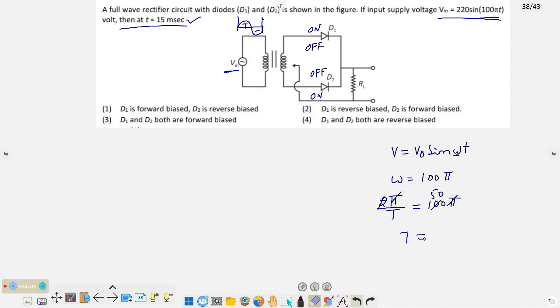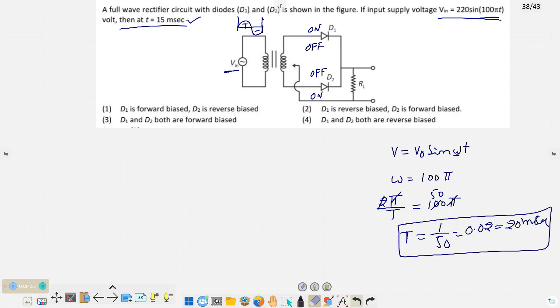So the time period of this AC cycle is equal to 1 by 50, which is nothing but 0.02 seconds. If you write it in terms of milliseconds, that is 20 milliseconds.